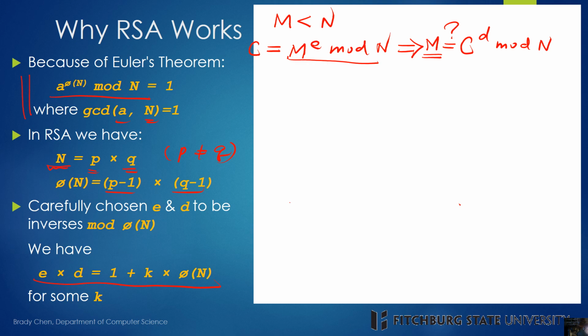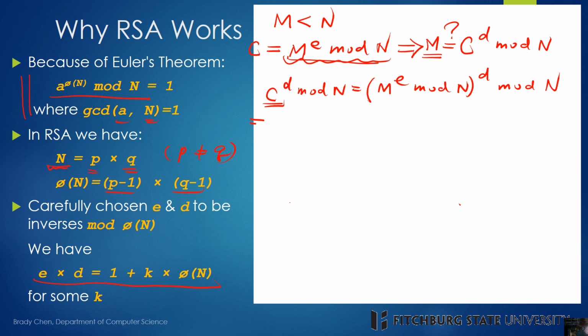So let's see c to the d mod n. We replace c with this expression, because that's how we got c.